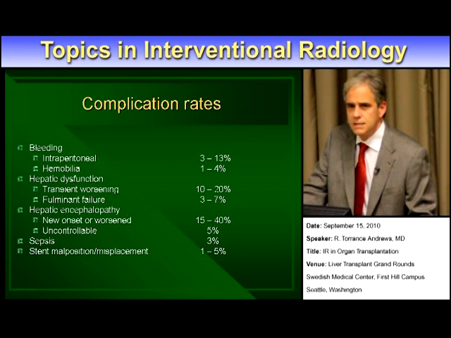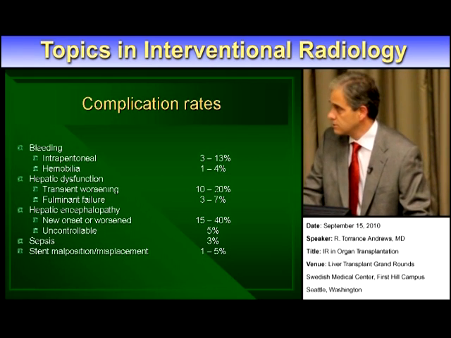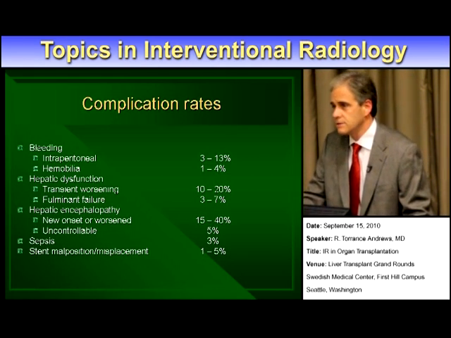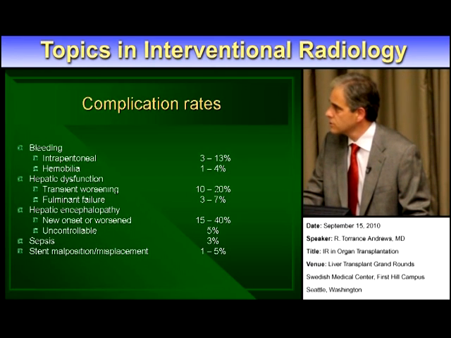It's pretty common to get transient encephalopathy after a TIPS, especially among patients who have a lot of blood already in the gut from GI bleeding, because they continue to digest that blood over several days, and you've removed their ability to clear nitrogen from the mesenteric venous system. So typically they'll have pretty significant encephalopathy in the first few days. But uncontrollable or irreversible encephalopathy is very uncommon, and if it occurs, you can always shut the TIPS down.